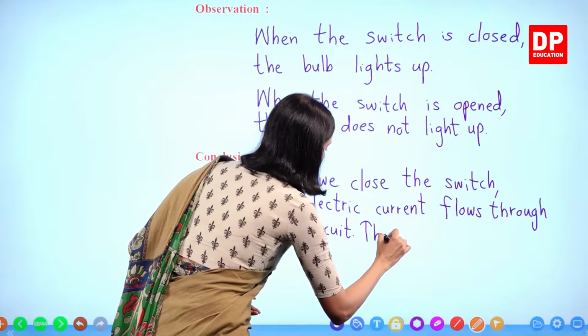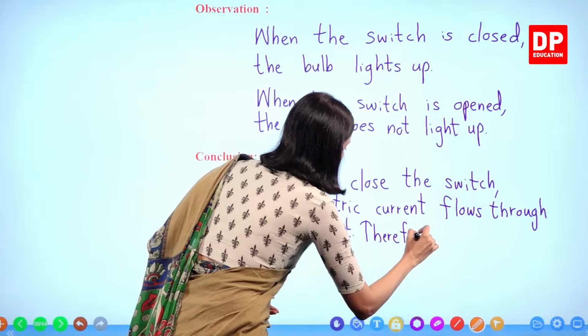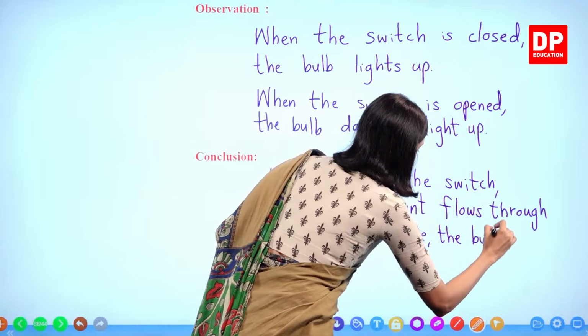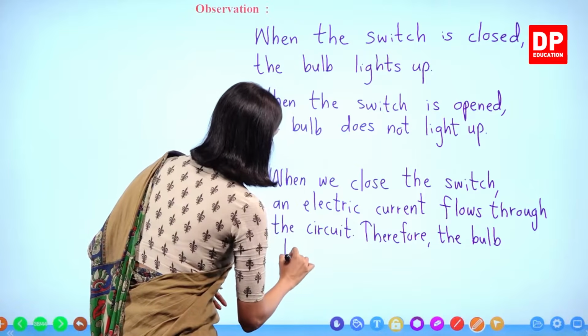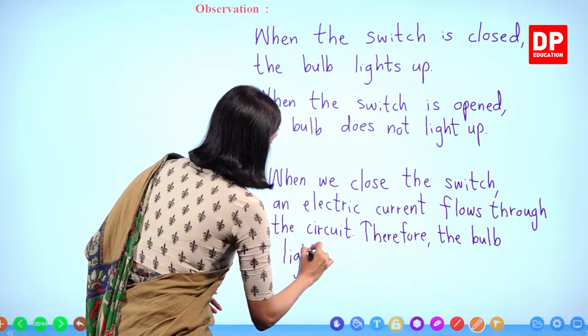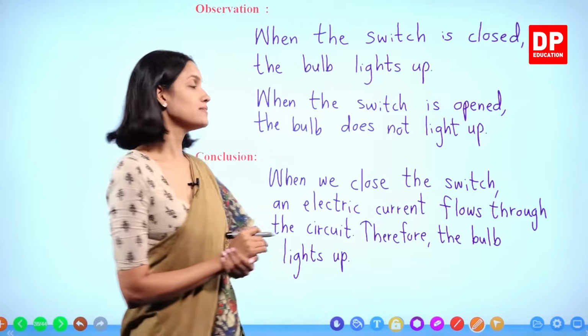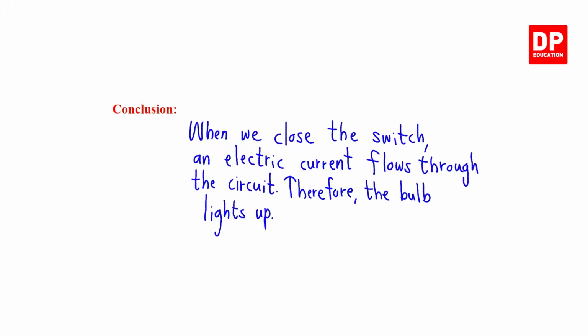Therefore, the bulb lights up. Okay, children? When we close the switch, an electric current flows through the circuit. Therefore, the bulb lights up.